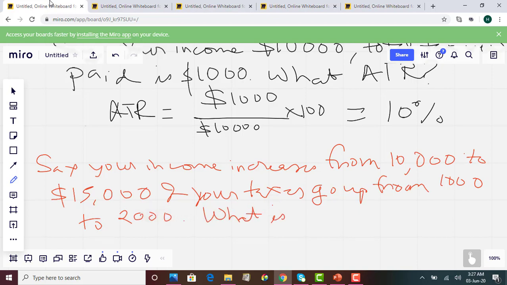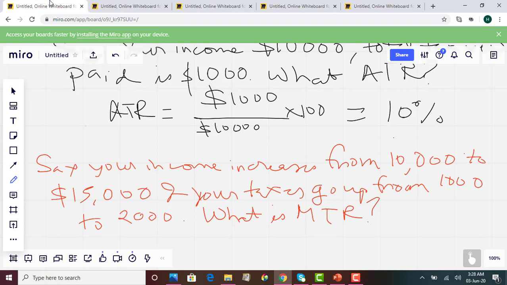Meaning, when I'm saying what is your marginal tax rate, that means what is the extra tax that you're paying on the extra income that you're earning. I know on the first 10,000 you were paying 10%, but what is the extra tax you're paying on the $5,000?